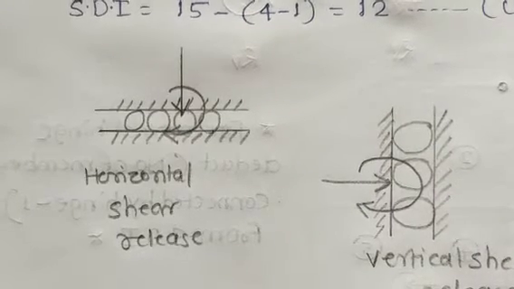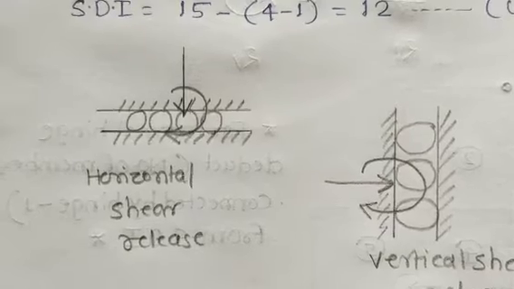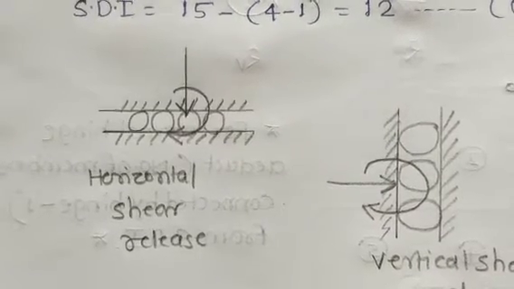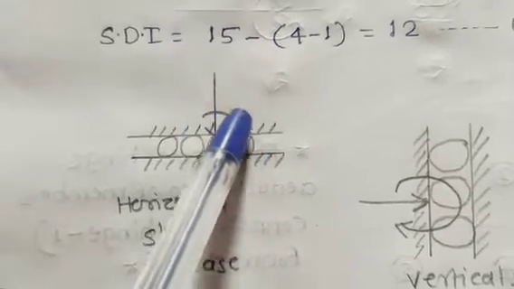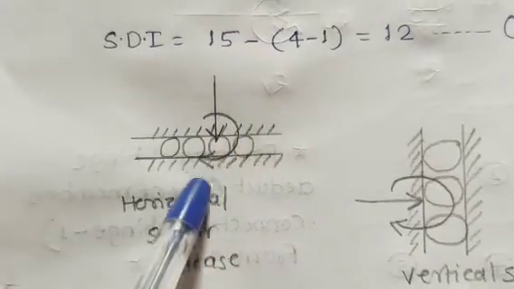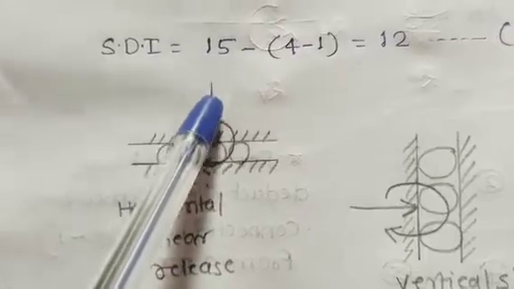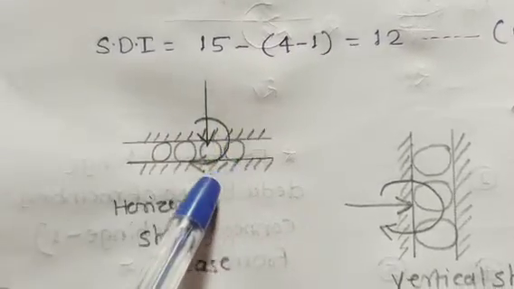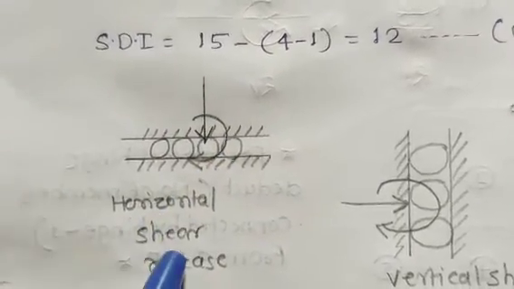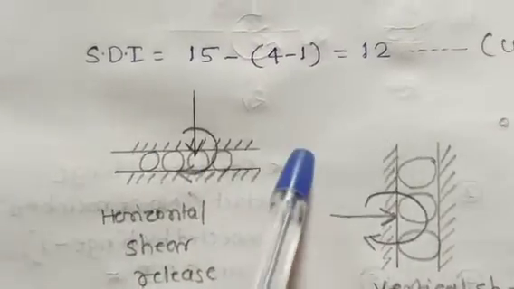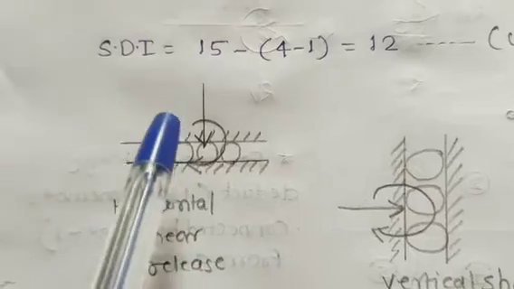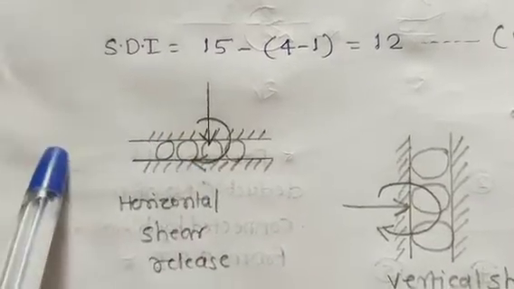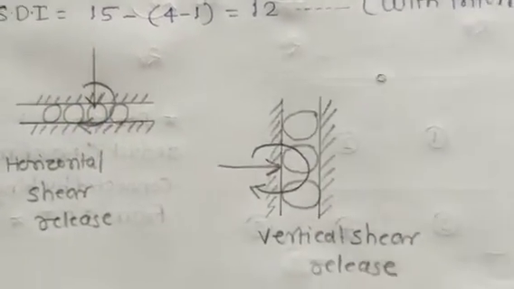You can release that shear, means this support moves horizontally, but there is a resistance in vertical direction and for rotation. Horizontal shear release means this support moves horizontally, means one release is here, that is horizontal release.